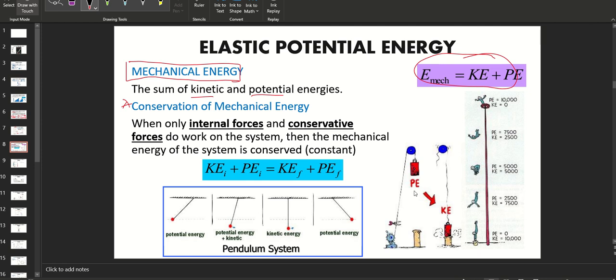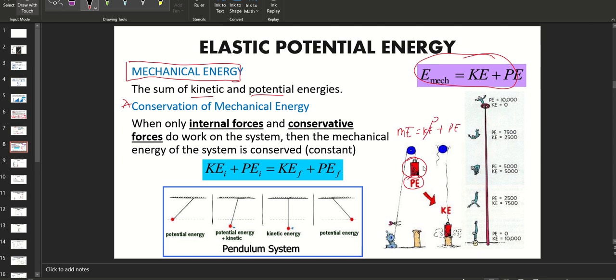So, looking at this diagram, when the object is at its highest position, we only have potential energy existing here. So, it means the mechanical energy here is equal to KE plus PE. But the question is, if the object is just hanging in this position, staying there, does it have kinetic energy? No. So, zero.